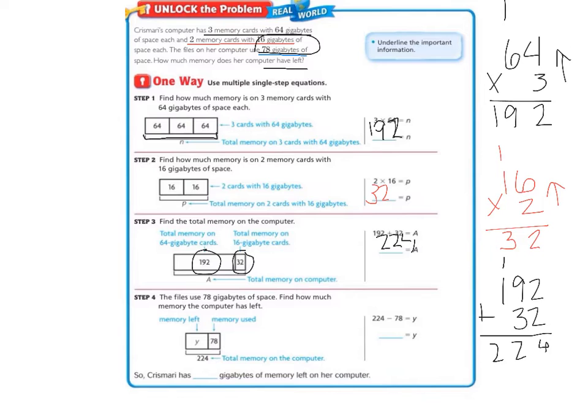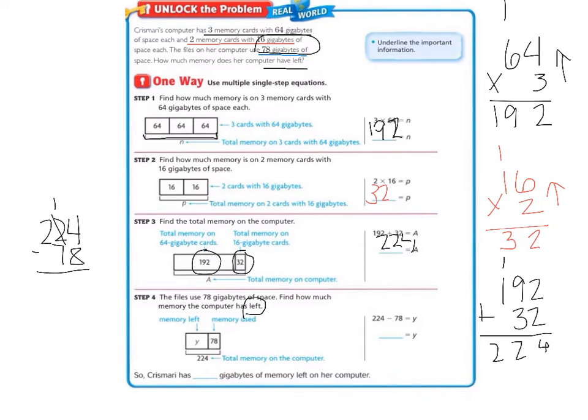But then it told us that she has already used, remember up here, 78 gigabytes on her computer. So if she has 224, but she uses 78, uses means we need to know what's left over. We need to subtract. So I start out with 224. And I subtract what's used, 78, and then I'll know how much is left over. If I have 4, I can't take away 8, so I need to borrow.